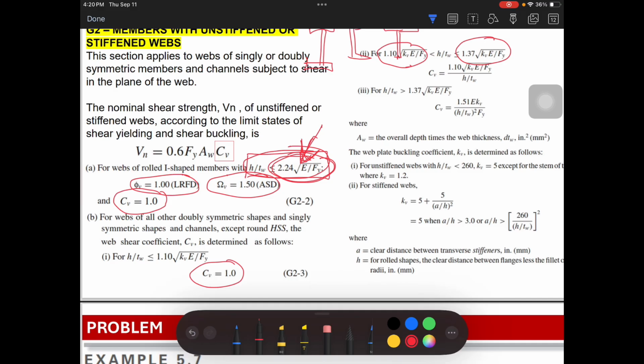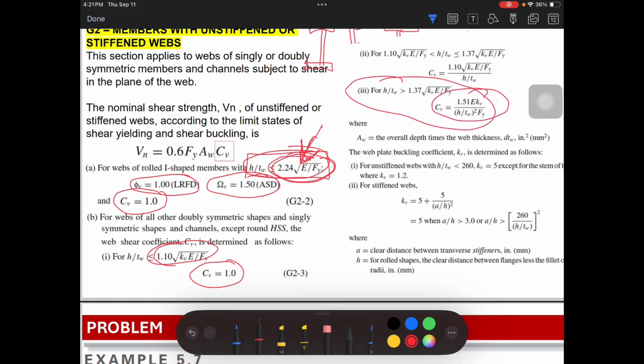So, okay lang. But, if you're greater than sa quantity na to, so baka case 2 ka. You're greater than this one, pero less than or equal to ka dito sa quantity na to. So, you need to get this quantity. So, if mag-fall ka dito sa case na to, edi ito yung CV mo. Or if mas mataas ka sa kahit ano man dyan, ito ka sa case number 3 ka. And this is your CV.